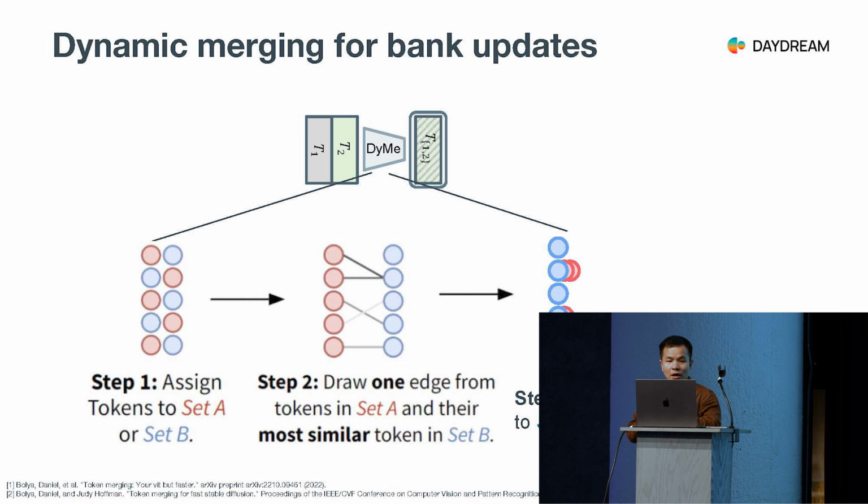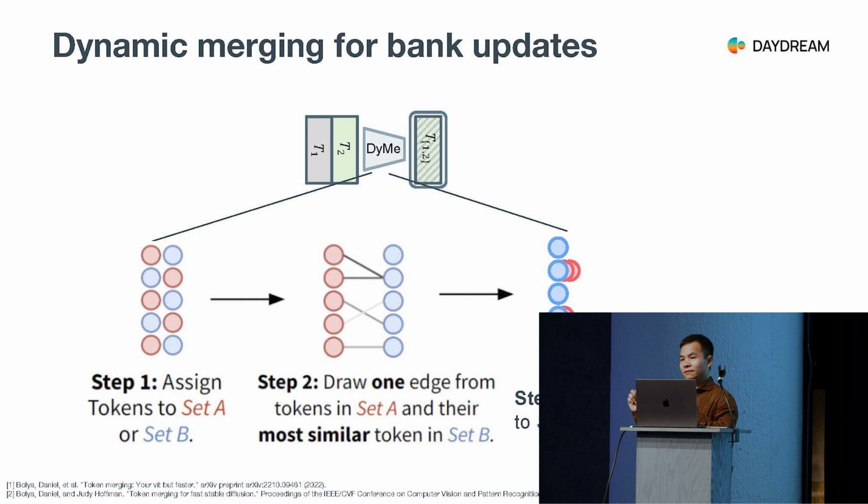For a bit more detail about the dynamic merging: when we get these two feature maps, we concatenate them together and randomly divide them into two sets, set A and set B. Then for every feature in set A, we find the most similar feature in set B, and we merge them together with a weighted average.